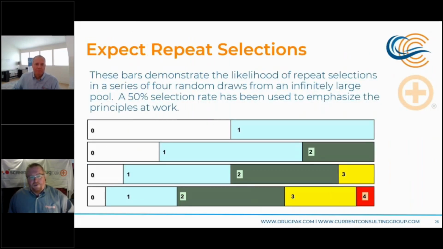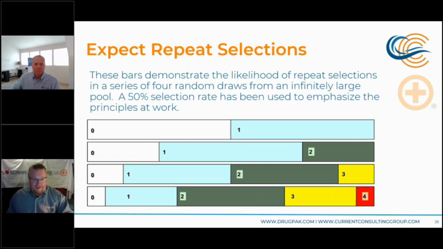Okay, so here is a diagram that's going to illustrate the core reality of the probabilities of multiple selections or non-selections. These bars demonstrate the likelihood of repeat selections in a series of 4 random draws from an infinitely large pool.